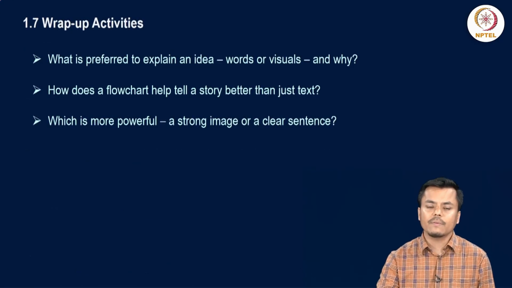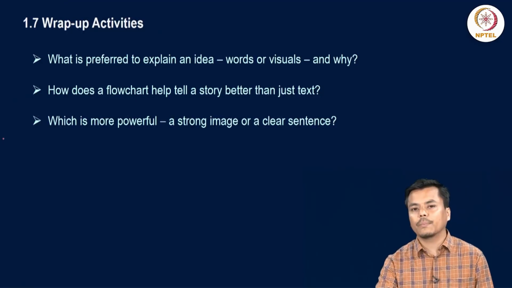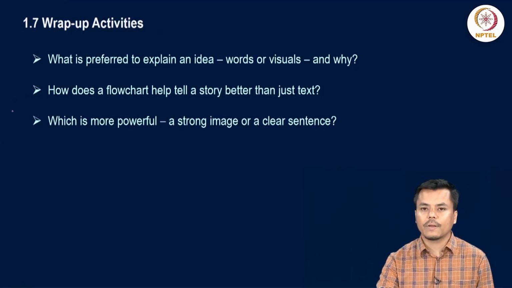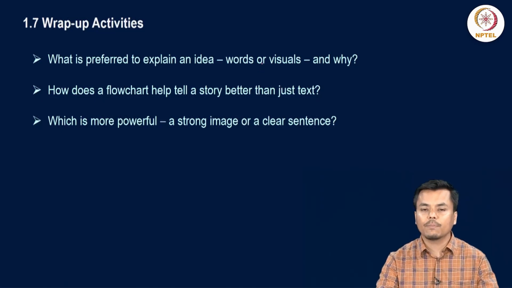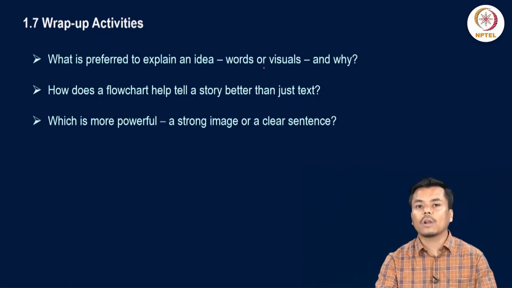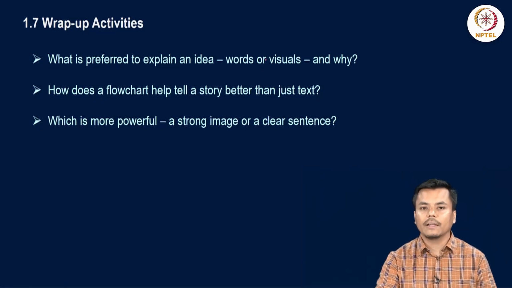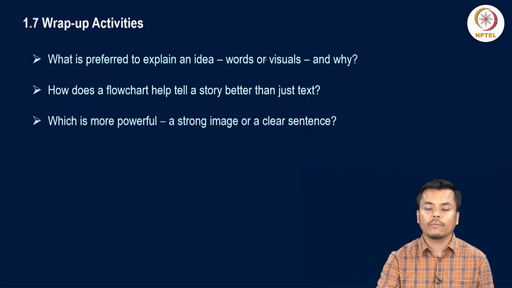So these are some activities that you can perform at the end of this presentation. You can think of what is the preferred way to explain an idea. Is it words or visuals? You can also look into some past sheet layouts that you have prepared for architectural design submissions and understand in which type of composition your idea is presented to the examiner very clearly.